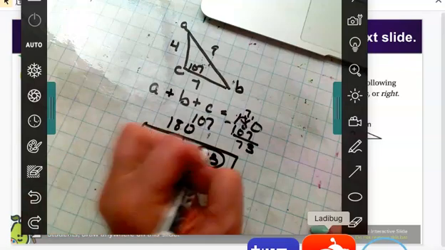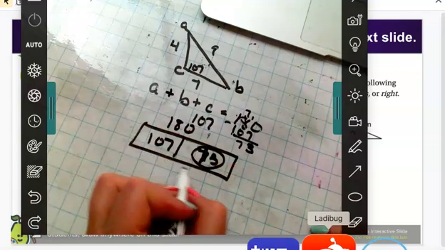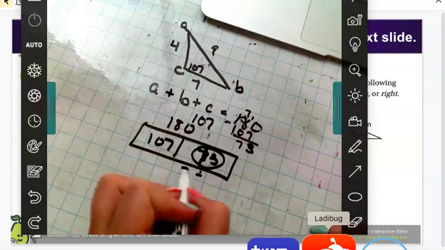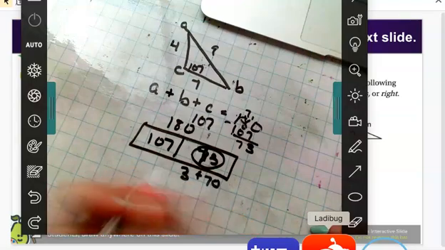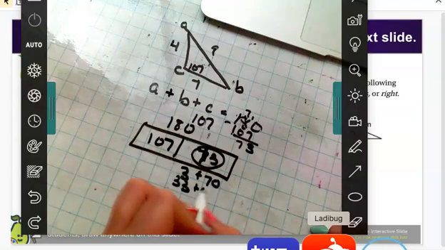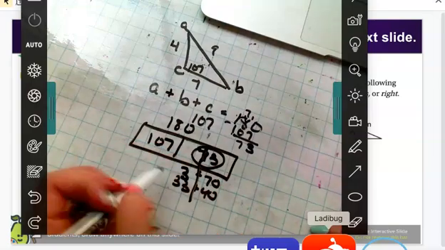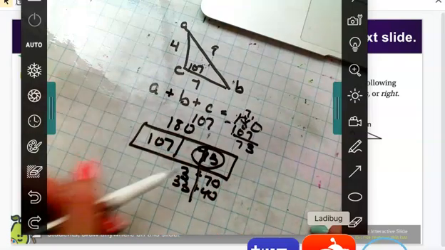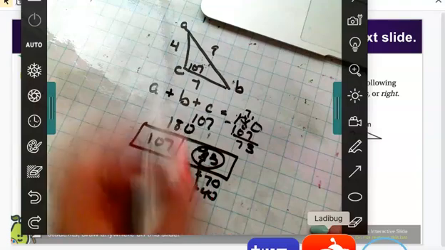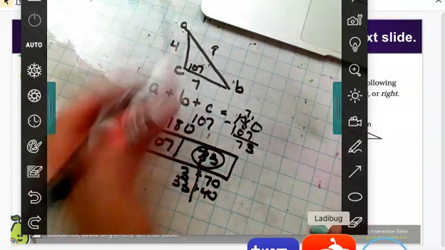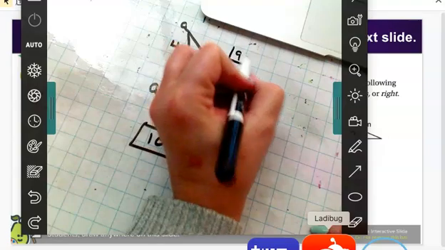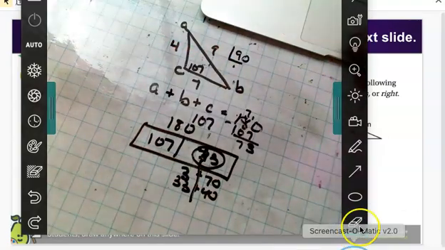So if I cut this in half somewhere in the middle, or if I do 33 plus 40, no matter what the combination is, angle A or angle B will never be 90 degrees. And remember, to be a right triangle, it has to be 90 degrees.